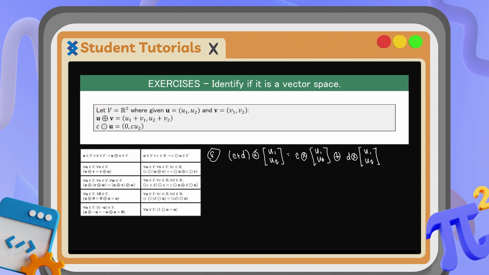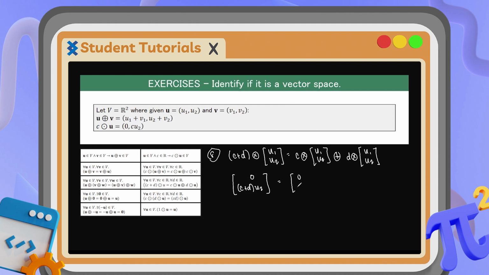Okay, so from here, we apply first the left-hand side of the equation. So let's evaluate the left-hand side first. When we apply scalar multiplication to this, it gives us 0, and then c plus d, our scalar, times u sub 2. For the right-hand side, this gives us c, and followed by, actually, this one is scalar multiplication.